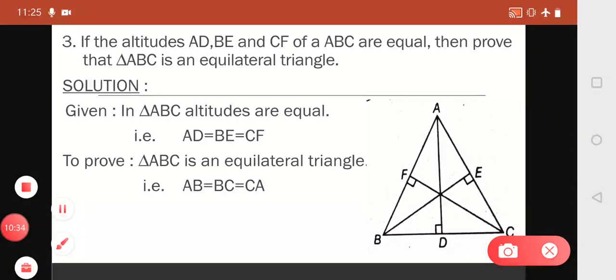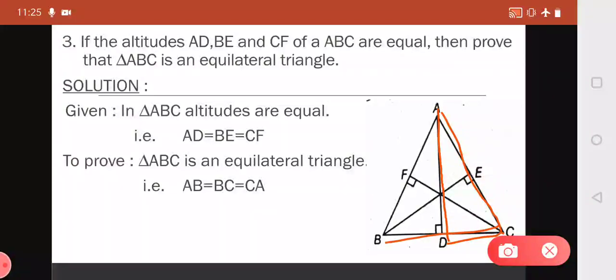Yes, in the figure we have selected two triangles, that is triangle ADC. This is our first triangle, and another triangle we have selected as BCE. These two triangles we have selected. Now in these two triangles we have angle ADC. As it is an altitude, we have 90 degrees, equal to angle BEC.